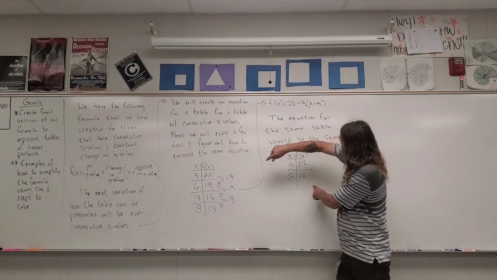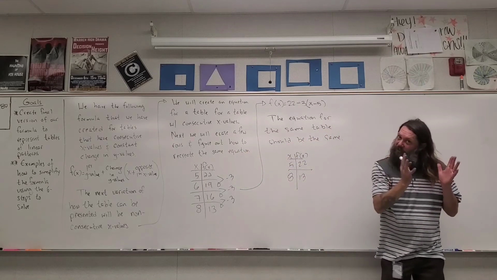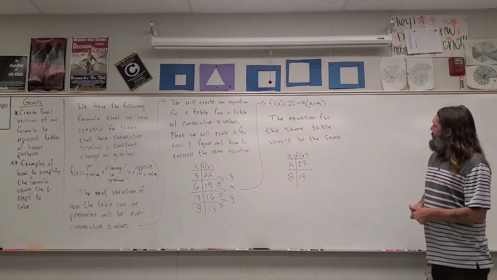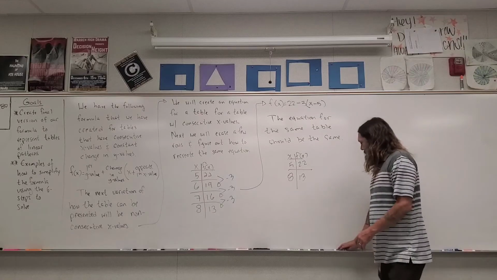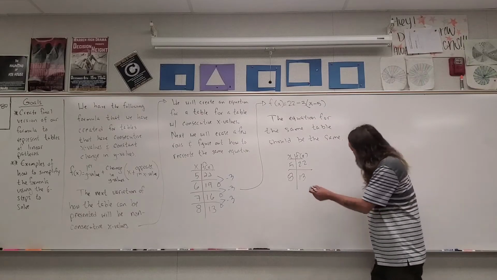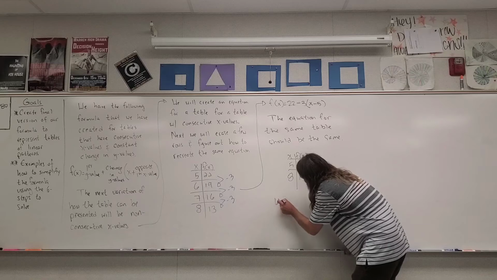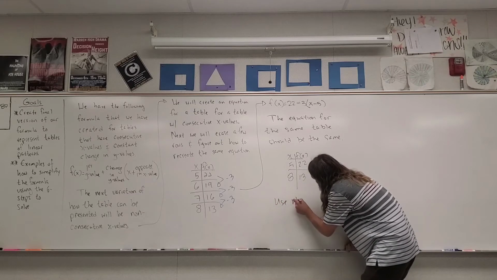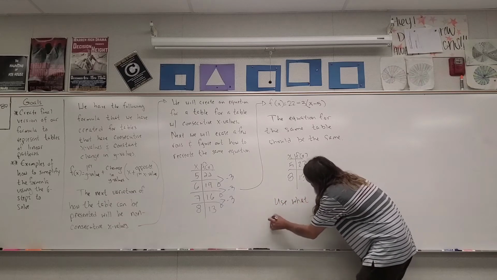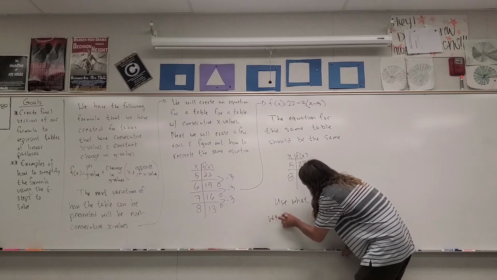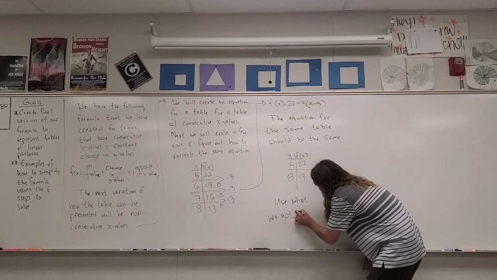Because again, these are technically the same table, so they should have the same equation, right? So let's use what we know, use what we got and figure out how to fix.